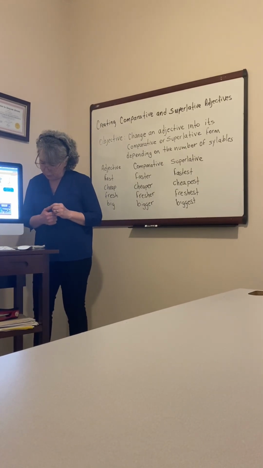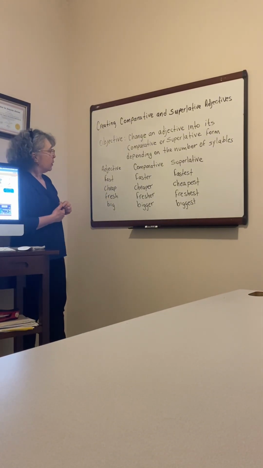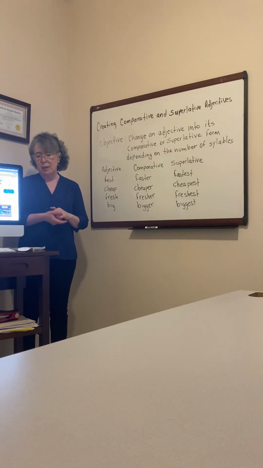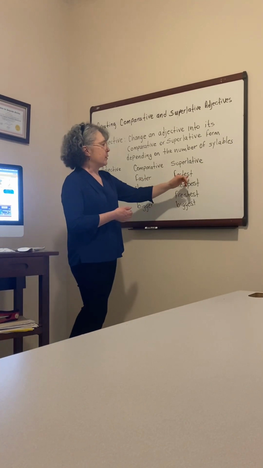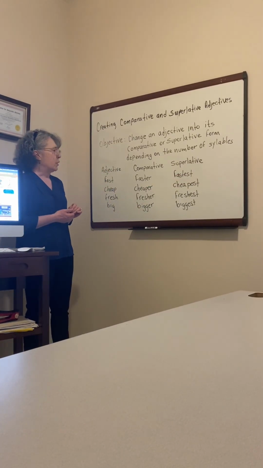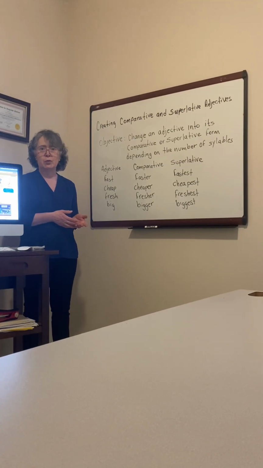Okay, so when we are going to compare words or use adjectives with two syllables, we also can add ER or EST, depending on the word, or we can use more or most.